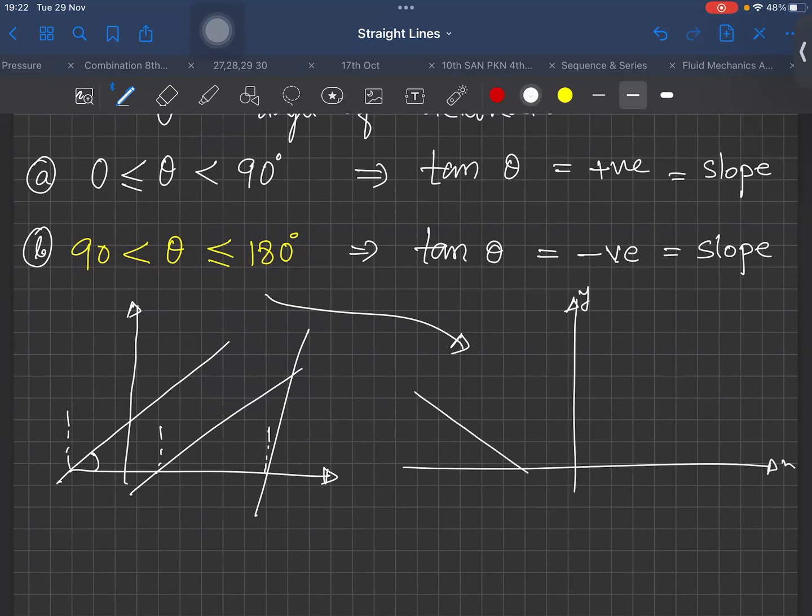Either it is like this, that means this is your theta, or it can be like this. So these are all negative slope. This tan theta is the slope, negative slope. So these are all negative slopes.